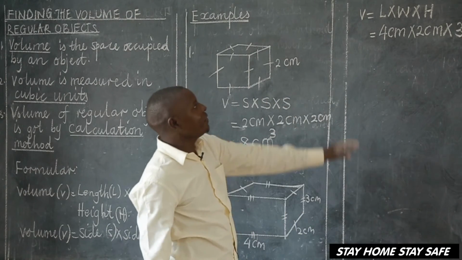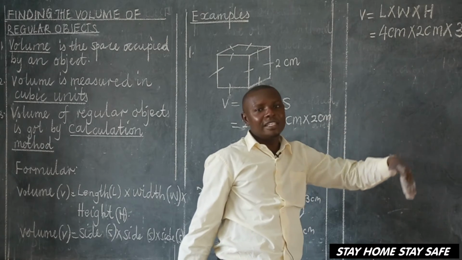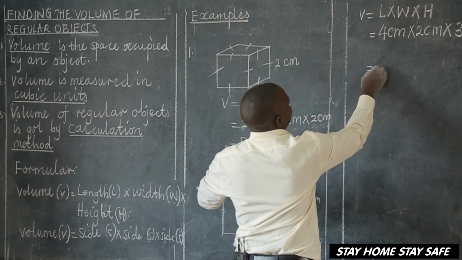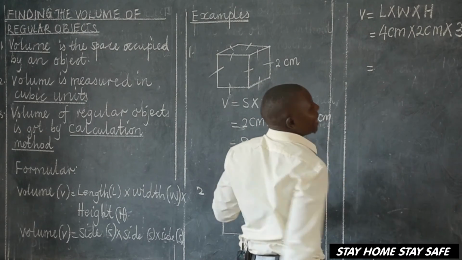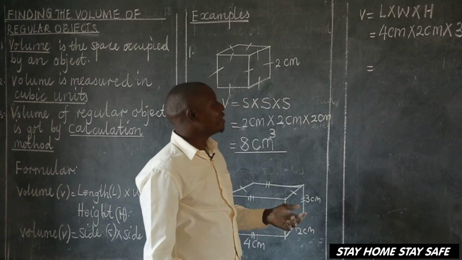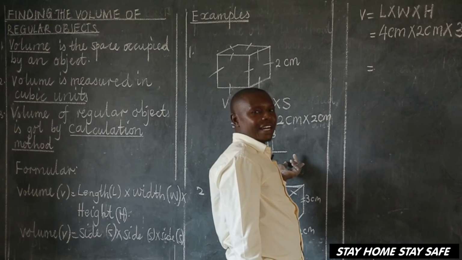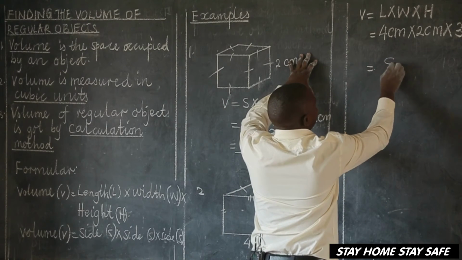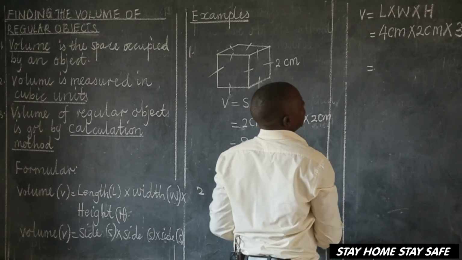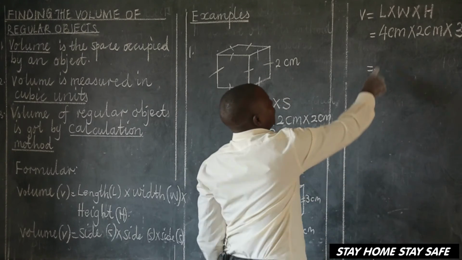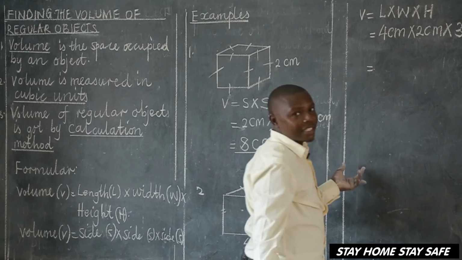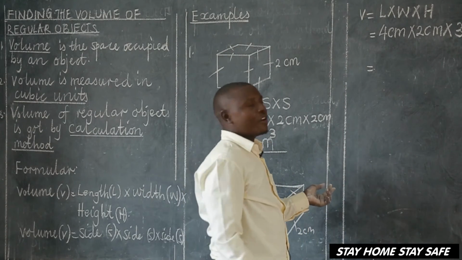Now if you have finished writing like that, we can multiply. 4 times 2 is 8. 8 times 3, what do we get? We get 24.